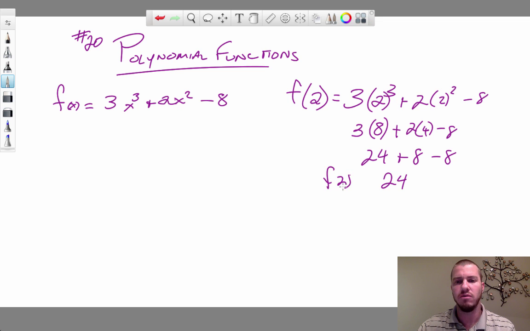So f of 2 is equal to 24. And it's important to understand what that means: the y value for this function is 24 when the x value is 2. So if you were graphing it, there would be a point on that function at (2, 24), and that point is on the graph.